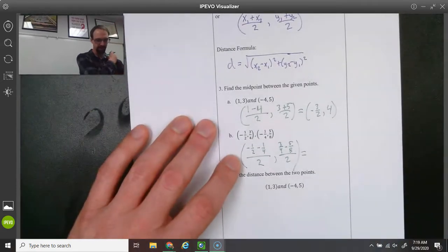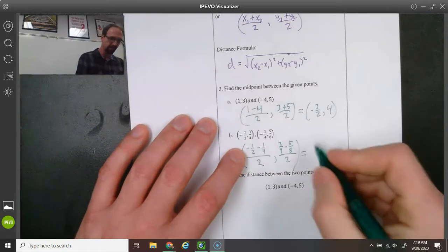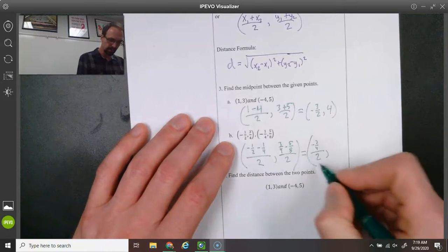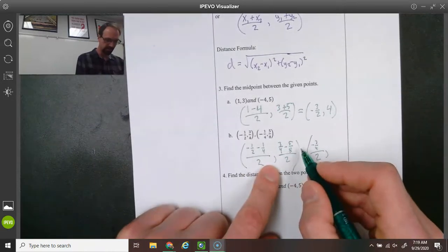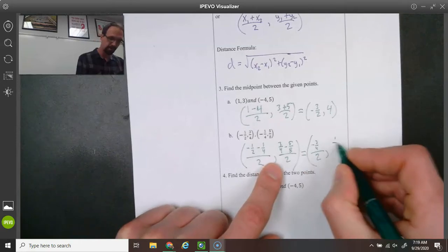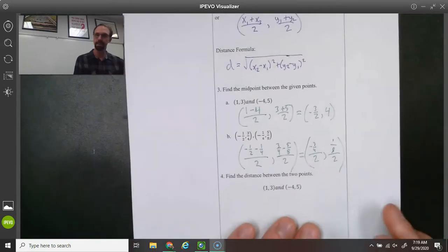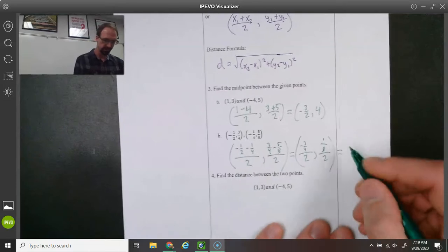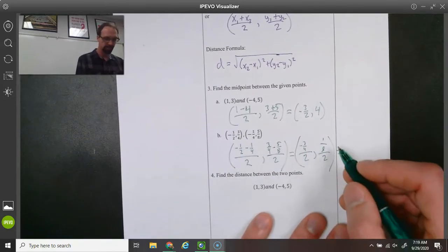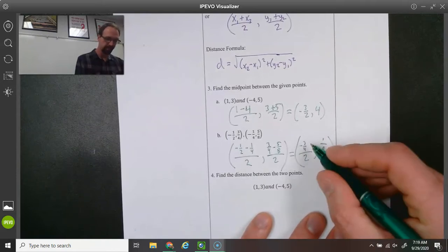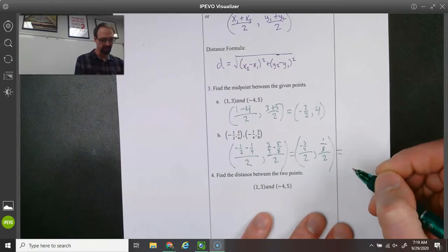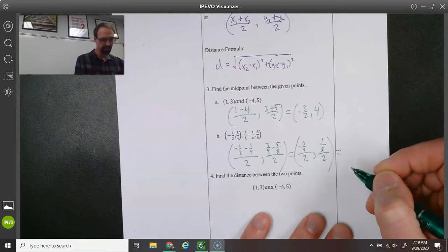If I simplify that, negative 1 half minus 1/4 is negative 3/4, divided by 2. And then 3/4 minus 5/8 is 6/8 minus 5/8, so that's 1/8, divided by 2. Wait, did I do that right? Yeah, 6/8, yep. Okay. So negative 3/4 divided by 2 is negative 3/8.